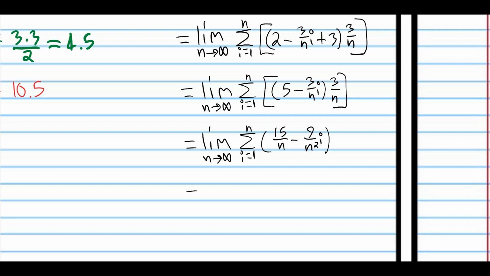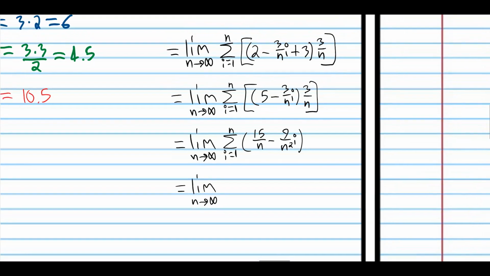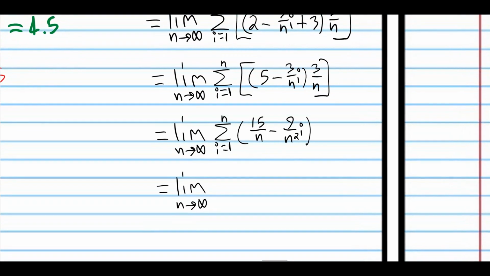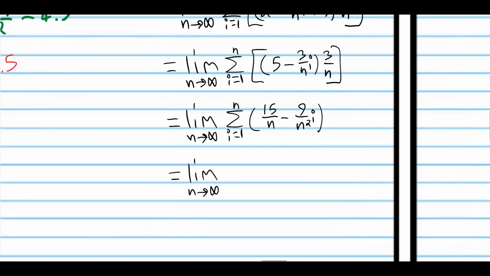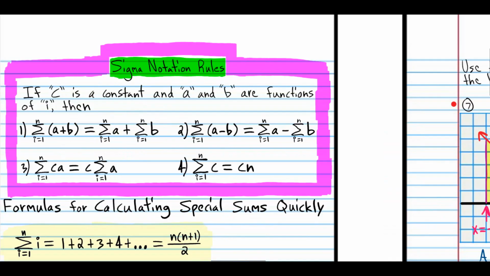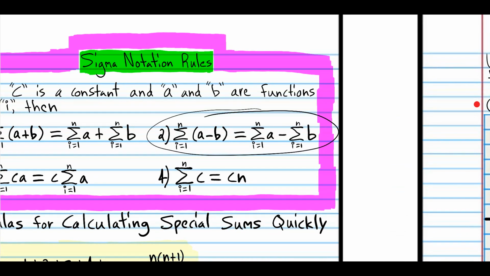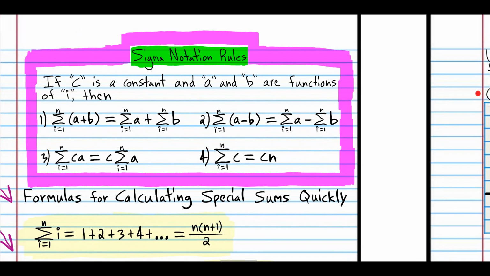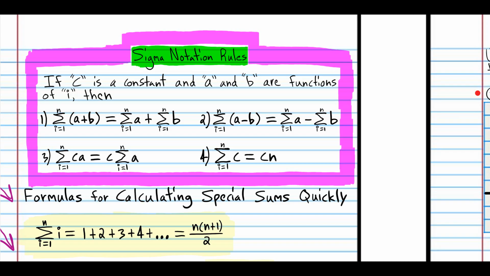So now we're going to use our sigma rule. Remember, we have this sigma property here. We'll just call it rule number 2 for the sigma notation.